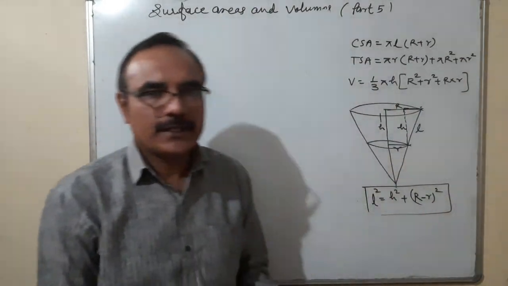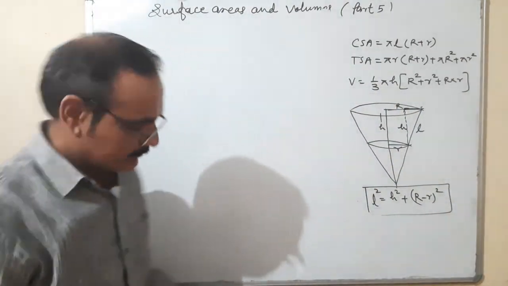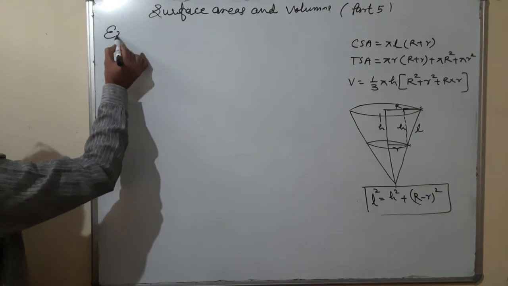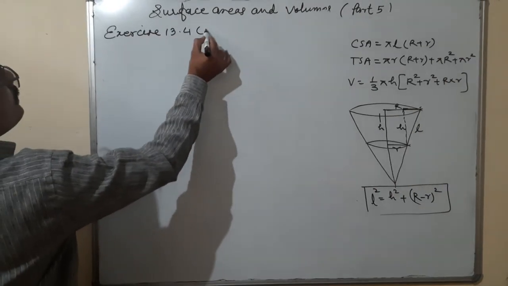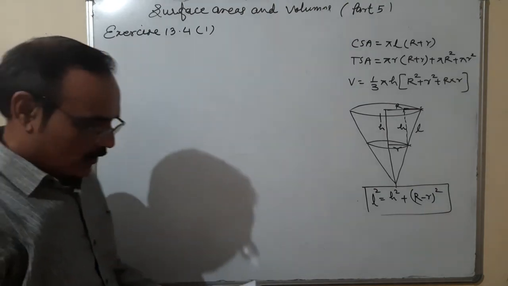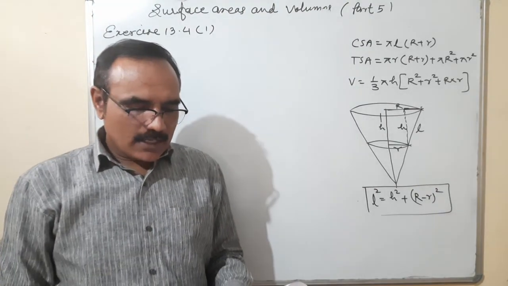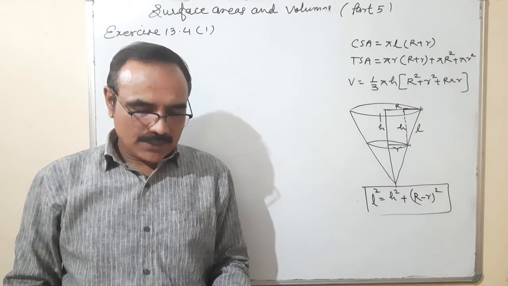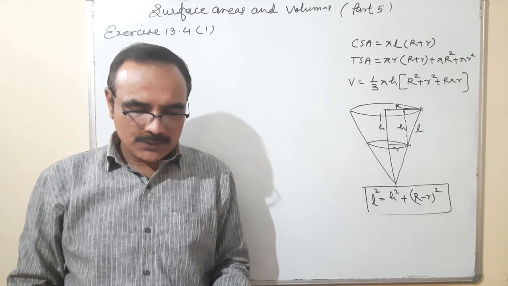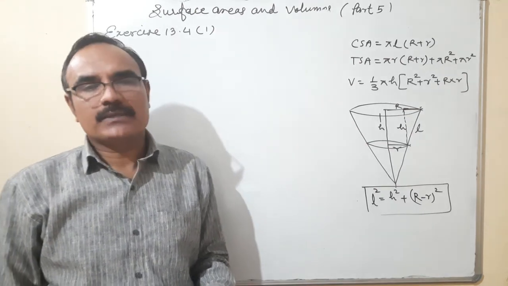Exercise 13.4, taking question number 1. What is it? A drinking glass in the shape of a frustum of a cone of height 14 cm. The diameters of its two circular ends are 4 cm and 2 cm. Find the capacity of the glass.